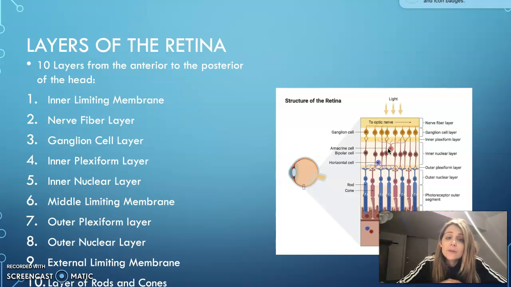Going from the interior to the posterior, we have the inner limiting membrane, the nerve fiber layer, the ganglion cell layer, the inner plexiform layer, the inner nuclear layer, the middle limiting membrane, the outer plexiform layer, the outer nuclear layer, the external limiting layer, and most importantly, the very last layer that we observe is the layer that has the rods and the cones, which, as mentioned before, are among the neural cells of the retina.